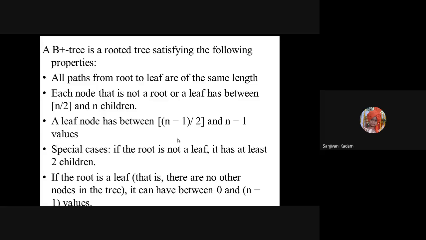In the case of a sequential structure, we are not deciding any order. But in the case of a B+ tree, for every tree there is a fixed order, and on the basis of that order it decides how many elements it can store in that node.